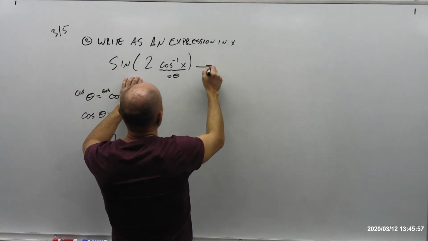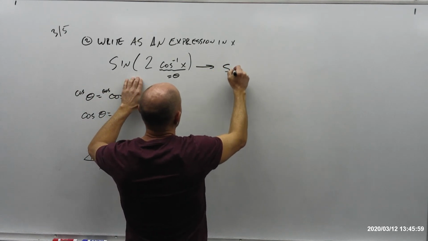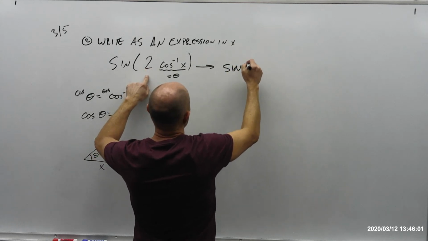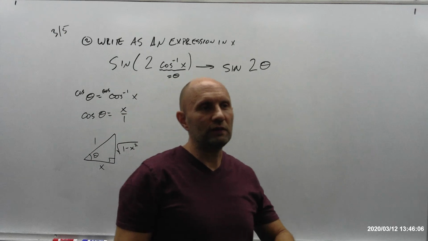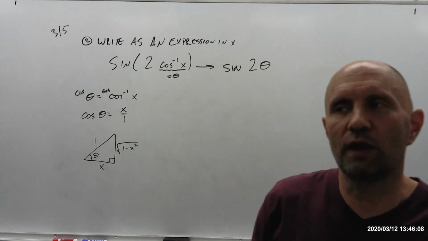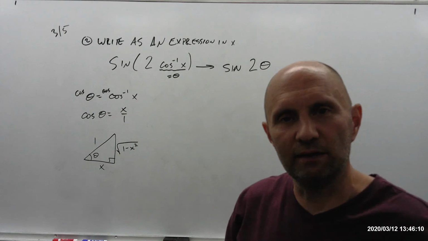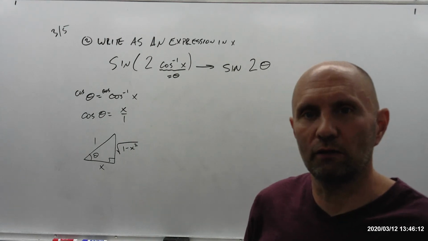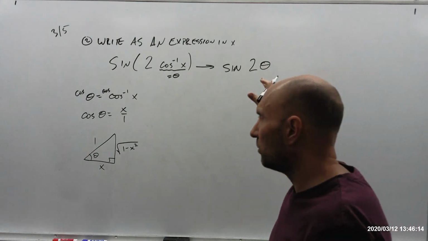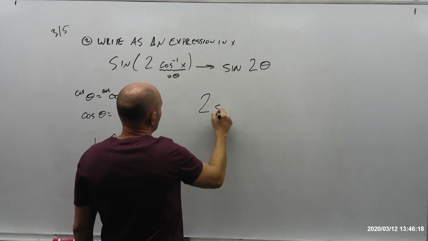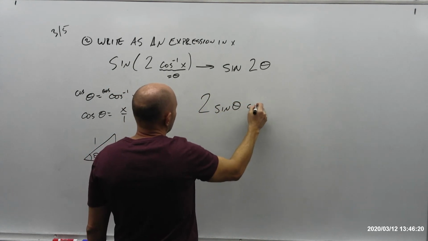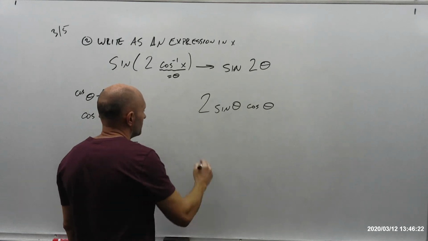Rewrite the original: sine of 2 theta. I keep stressing, when you see sine of 2 something, cosine of 2 something, that needs to scream in your head, double angle. So I'm looking for the double angle in this case. My double angle for sine is what? It's 2 sine of theta cosine of theta.